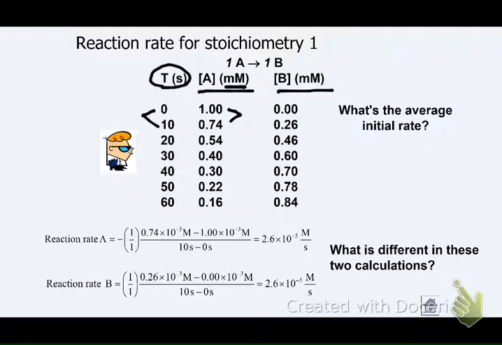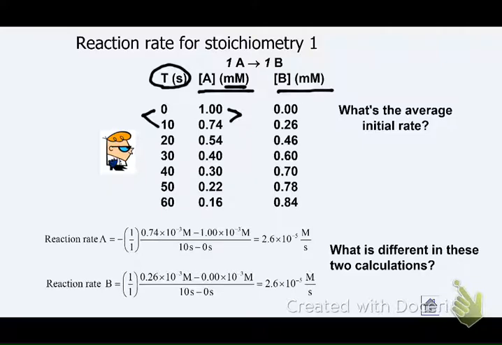That's the change in Y. The change in X is 10 seconds, 10 minus 0. It doesn't matter which order you do that in as long as you're consistent. They're either both going to be positive or both going to be negative. That actually gives me a negative number. The coefficient is 1, and I put a negative sign in here. I get 2.6 times 10 to the minus 5 molarity units per second. So that is the rate of the chemical reaction.